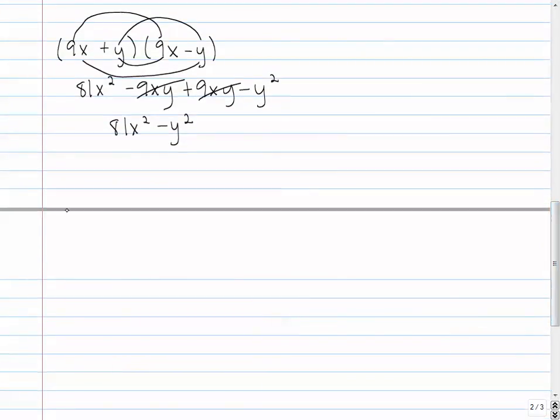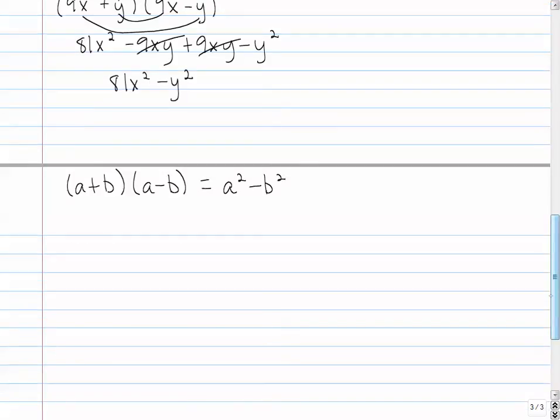So your formula for this, if you have a plus b times a minus b, that's just equal to a squared minus b squared every time, because the outer and inner are going to cancel out. So let's look at some examples using that formula.